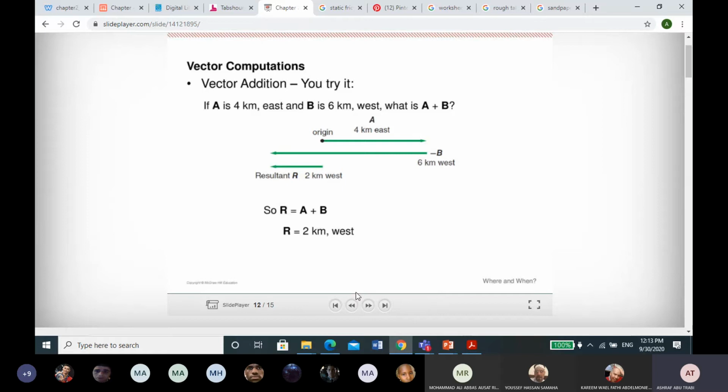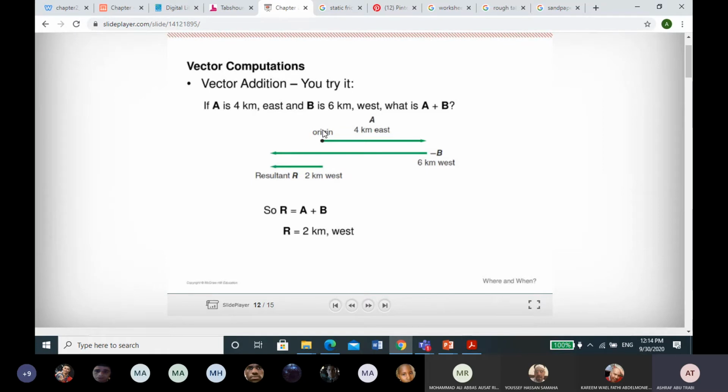Here is another example of vector addition, but here they have opposite directions, guys. This is an important example. A is 4 kilometers, from the origin to 4 kilometers.